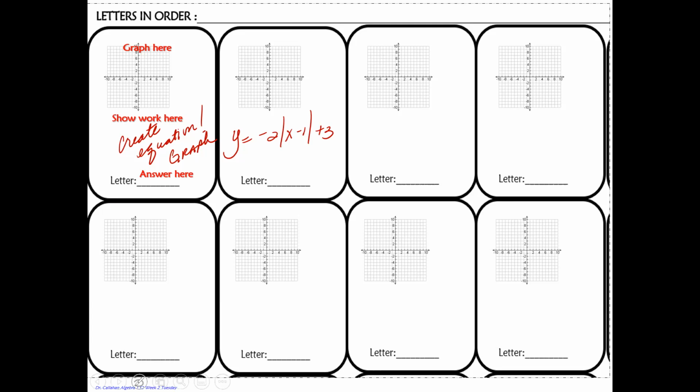That's my equation. To graph this, I'm going to go 3 up, 1 to the right, skinny, upside down shape. I'm going to have you do that with all of them here. So you have 8 different questions exactly.